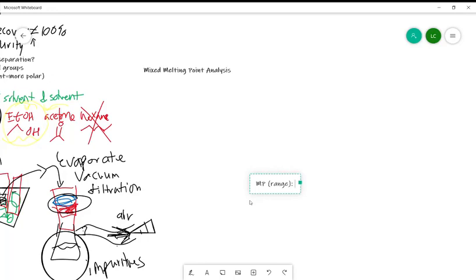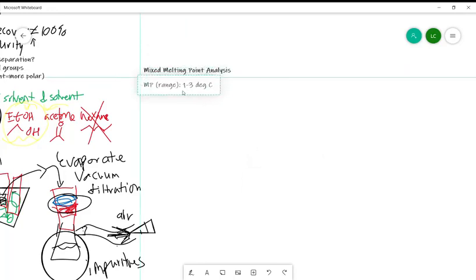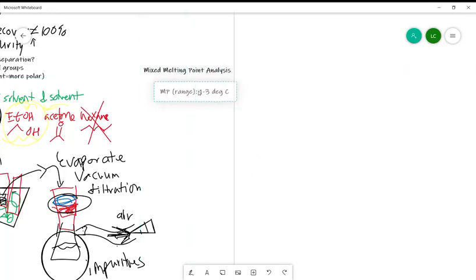And your range would be very small, so I would say probably 1 to 3 degrees Celsius or 1 to 2 degrees Celsius. I won't explain how you use a melting point station or melt station in this video, but basically you want a small range if it's pure. That's probably what you'll see on PubChem or something. And then you'll have a fixed temperature for the melting point. So for instance, maybe something's melting point is like 69 degrees Celsius.